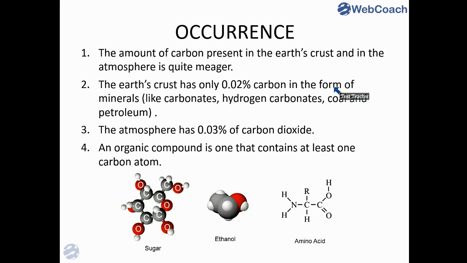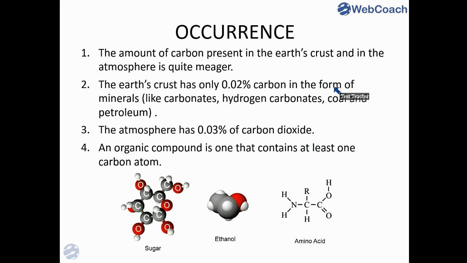We saw that carbon is a very versatile element which occurs in the Earth's crust and in the atmosphere, obviously as carbon dioxide. But the most fascinating thing about carbon is that there is only 0.02% of carbon in the form of minerals like carbonates, hydrogen carbonates, coal and petroleum. An even more fascinating fact is that the atmosphere that we breathe has just about 0.03% carbon dioxide.